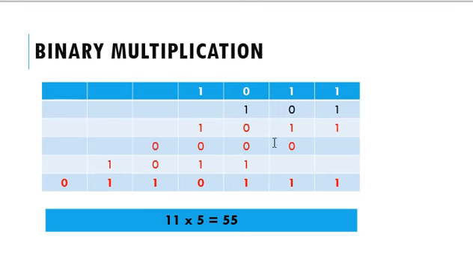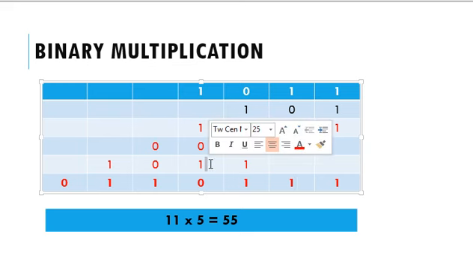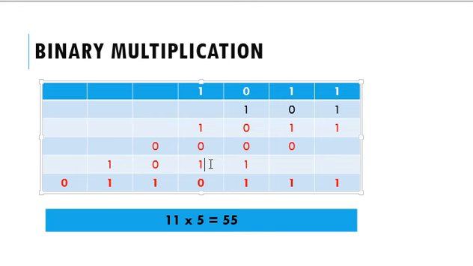Now that we got all the answers, it's time to add them. In this case, we only bring down 1. 1 plus 0 is 1. If you remember the rule, 0 plus 1 is 1. 1 plus 1 in this case is, again, if we add 1 and 1, the answer is 0, but then we need to carry 1.